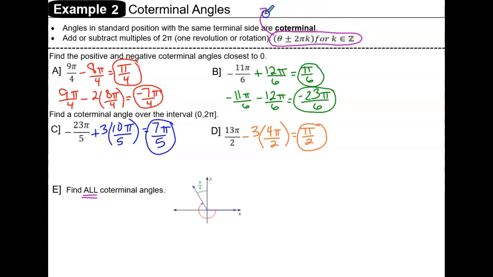Remember that that circle with a slash through the middle is the Greek letter theta. And when we're writing this expression, it's common practice that your theta should be a positive coterminal angle over the interval 0 to 2 pi.